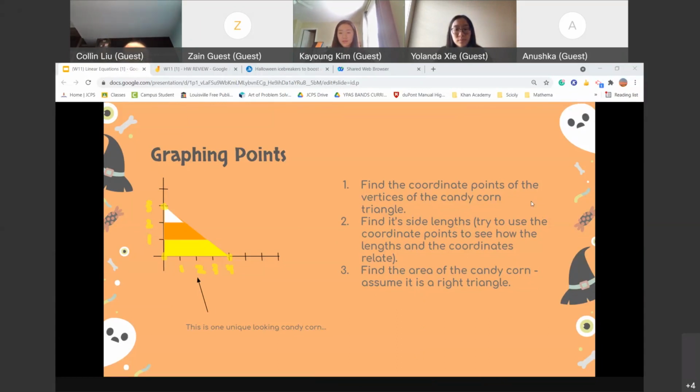Hopefully this would be pretty simple. And if this feels a little tedious, today's a very chill class, linear equations. So let's first find the coordinate points. I'm going to do these three things that I pointed out earlier.